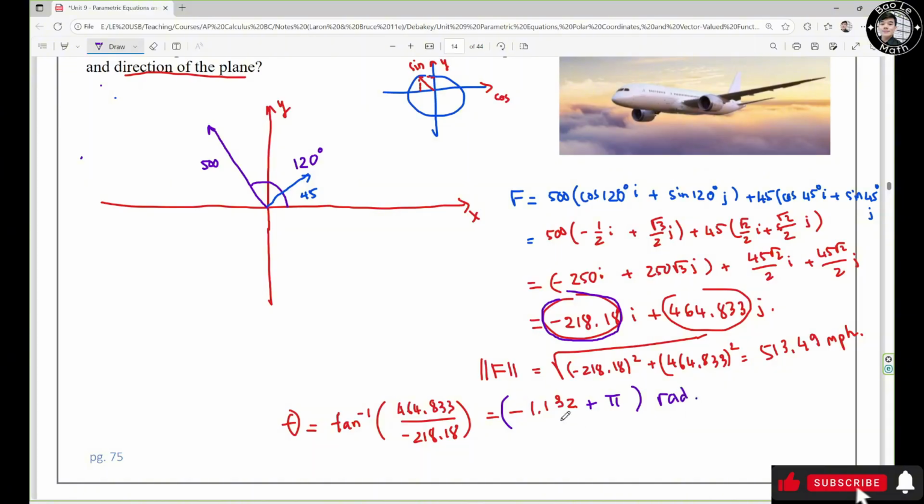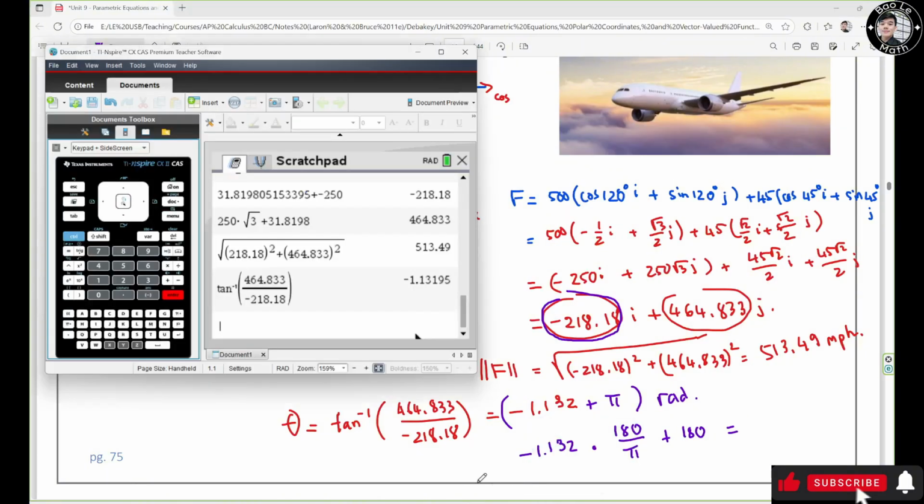Now if you want to convert this one to degrees, you're gonna take negative 1.132 multiplied by 180 divided by pi, right? Plus pi right here, which means 180, right? Now I'm going to bring up the calculator. I have this value right here.